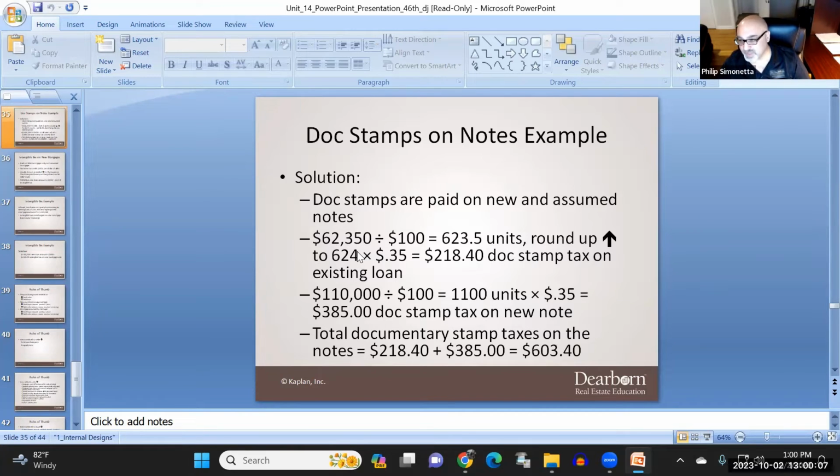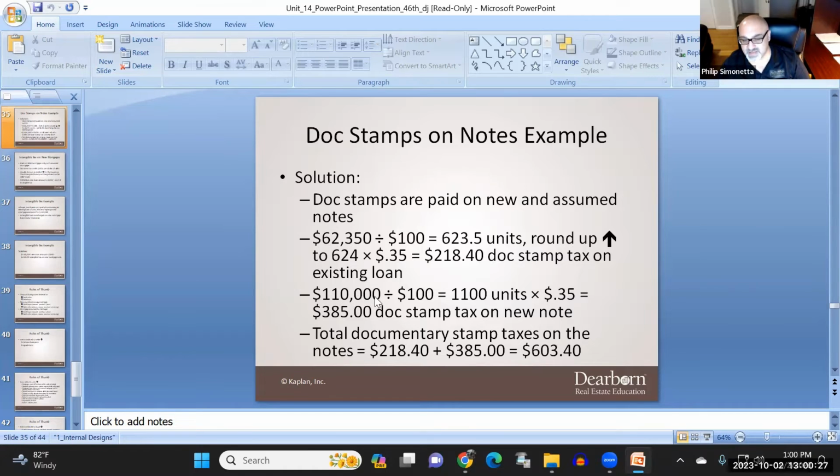You have to calculate separately. Take 62,350 divided by 100, because that's the assumed loan. That's 623.5, you round it up to 624, times 35 cents is $218.40.